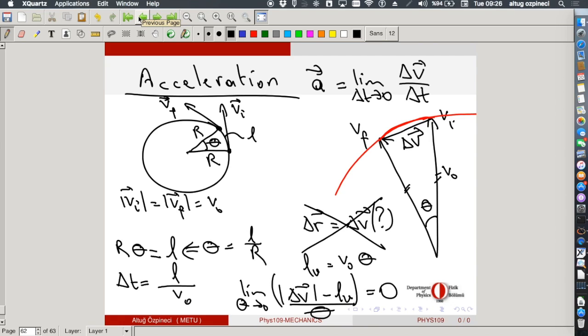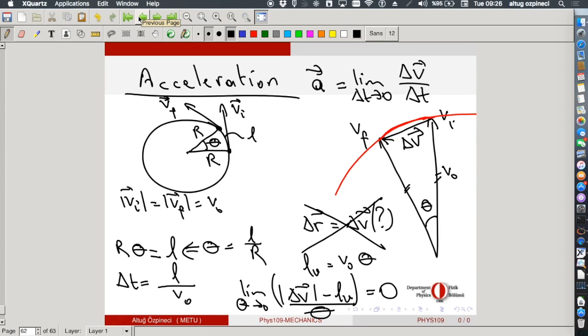Now, if it is over here, again, you can just repeat the same thing. This is the final Vf, so you just take a next time, draw another velocity vector, it will be pointing in this direction. Of course, you will take the limit that the angle between the two vectors will be 0, and when the object reaches this point, the acceleration vector will again be pointing in that direction, which is again towards the center.